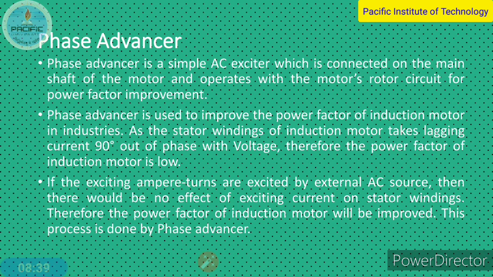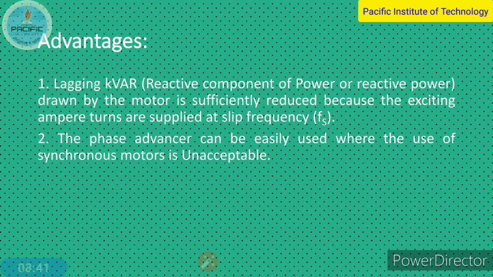This process is done by the phase advancer. There are certain advantages of using a phase advancer: the lagging kVAR, the reactive power drawn by the motor, is sufficiently reduced because the exciting ampere turns are supplied at slip frequency. The phase advancer can be easily used where the use of a synchronous motor is unacceptable.